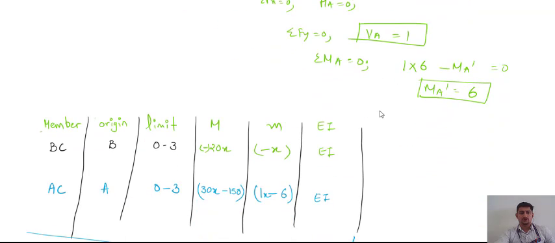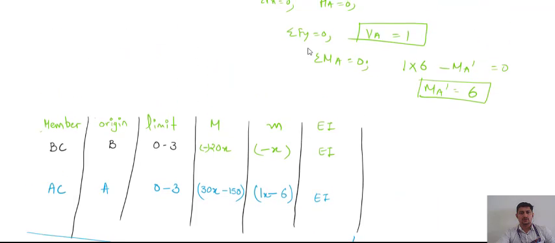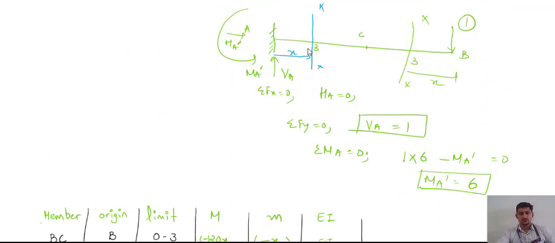In this table you have to write the limits properly so that you can easily calculate in the integration, and so that you can find the moment value due to the external loading and the moment value due to the unit load. So I hope you are getting this concept and can start solving numericals based on the unit load method.